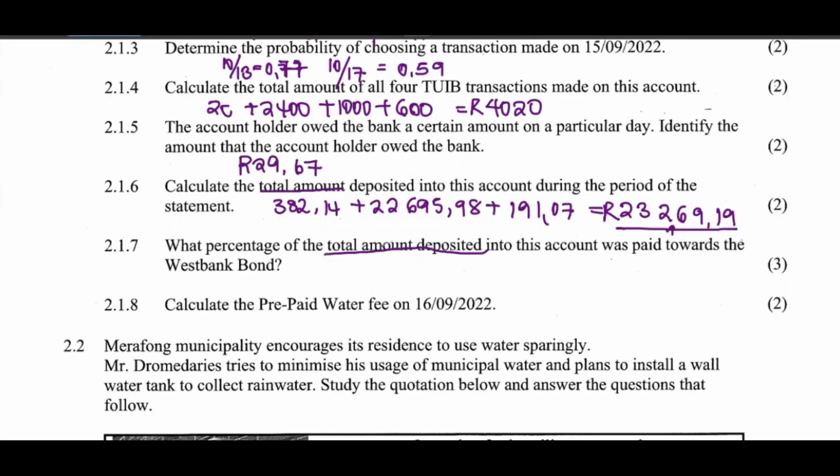So the bond is 5,569 rand 75 cents divided by the total, 23,269 rand 19 cents, because you're looking for the percentage, multiply by 100. So the percentage there is 23.